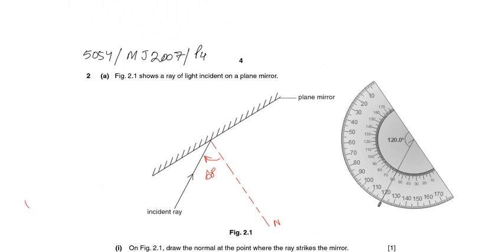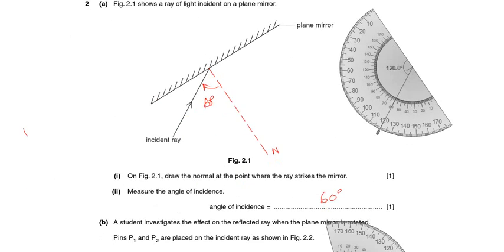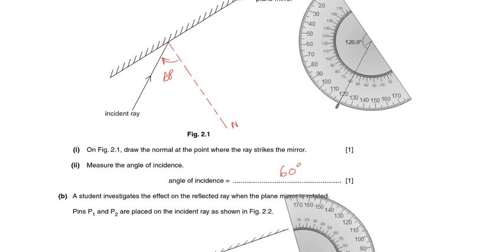So this will be your incident ray, and this is the shiny surface, which is a plane mirror. So a light is incident from this direction on the mirror. Question part 1. On figure 2.1, draw the normal at the point where the ray strikes the mirror.